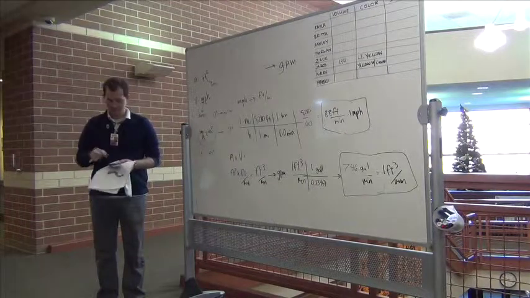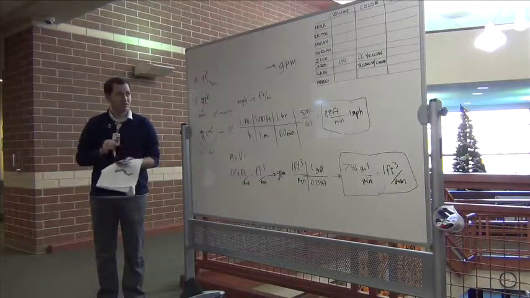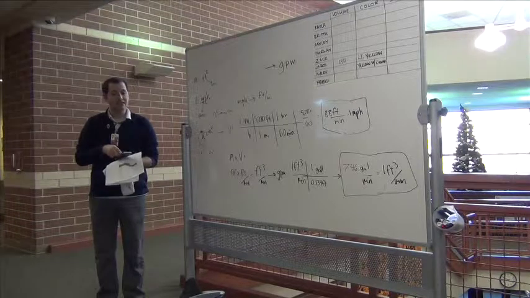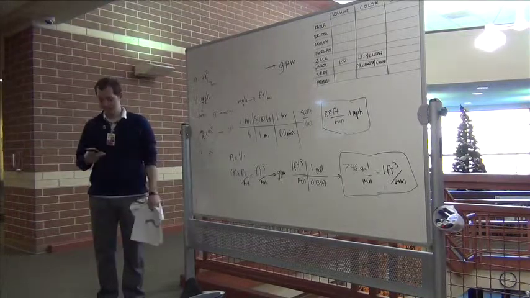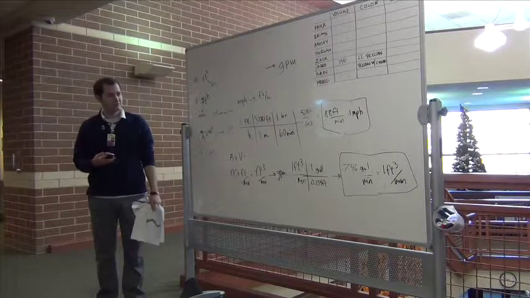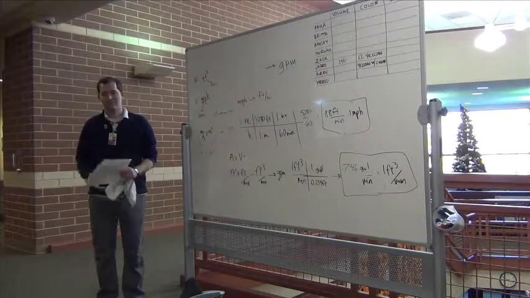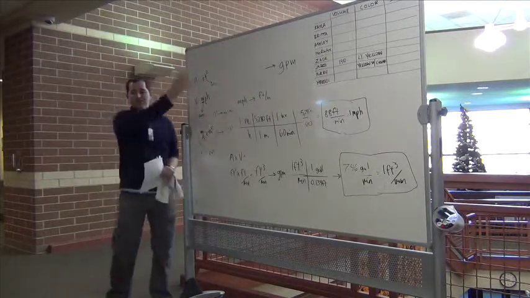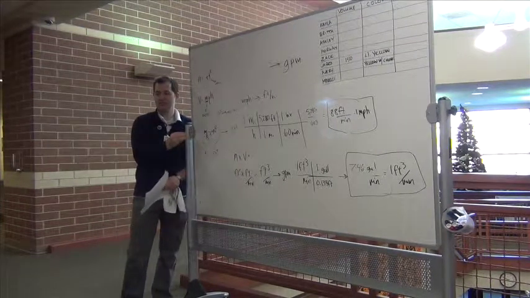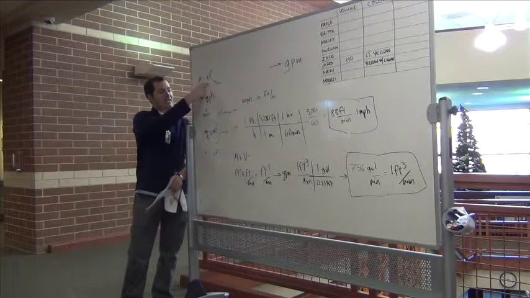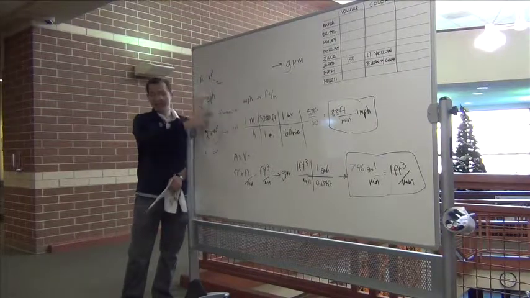Wait, don't we have to get it to seconds? No, it's gallons per minute. Oh, I am correct. Wait, what is this right here? Once you find your volume flow rate at each location, you're probably going to find it in feet squared.